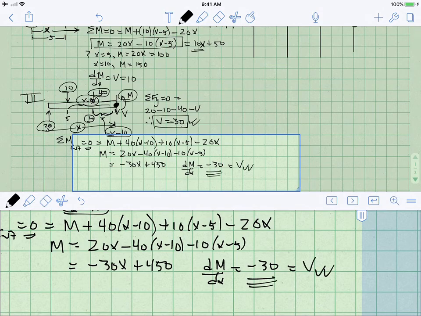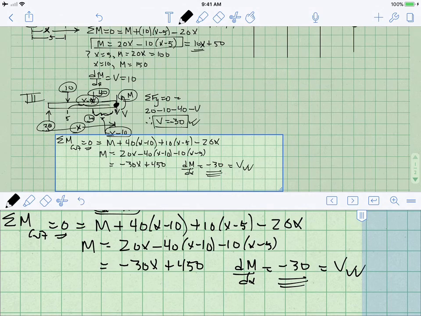Remember how we predicted it would be a negative slope? Yes, indeed, it was a negative slope. So now we just plug in a few values. At x equals 10, we should get 150, and we do. We get 150, which makes sense.